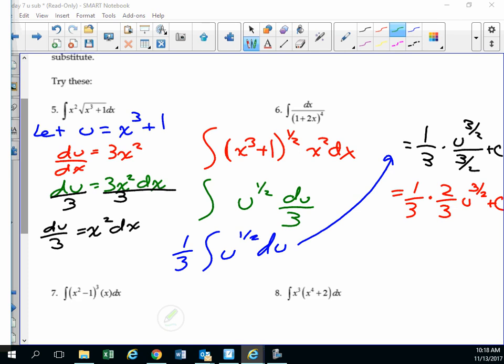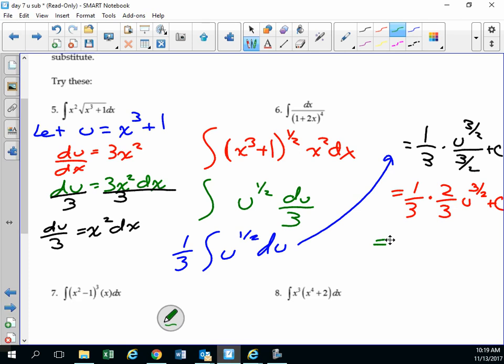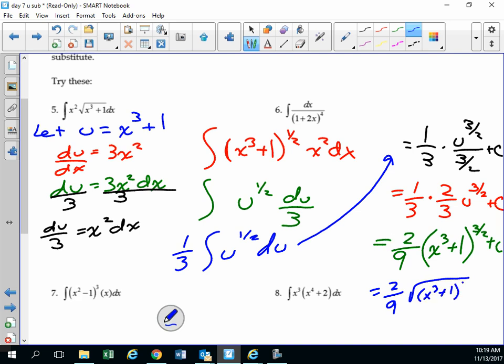For my final answer, I'm going to combine these. That gives me 2/9. My original u was x cubed plus 1, and that's to the 3/2 power, plus c. Or 2/9 times the square root of x cubed plus 1, cubed, plus c.